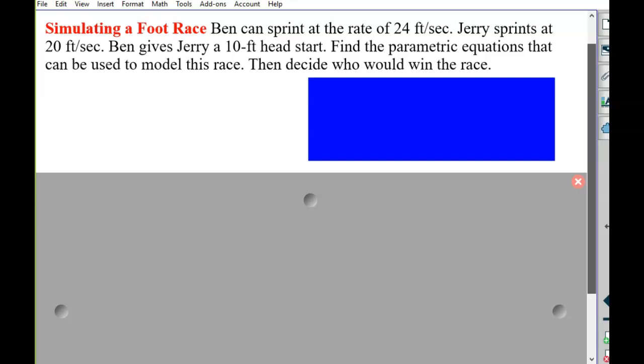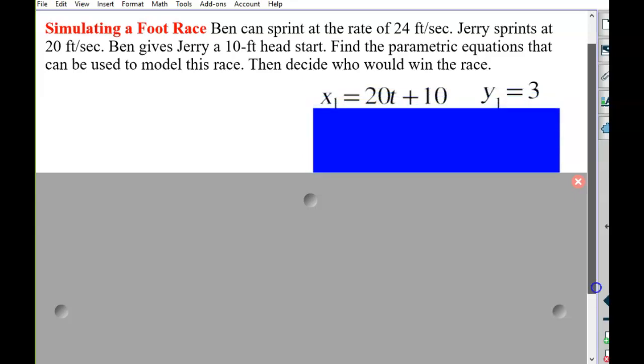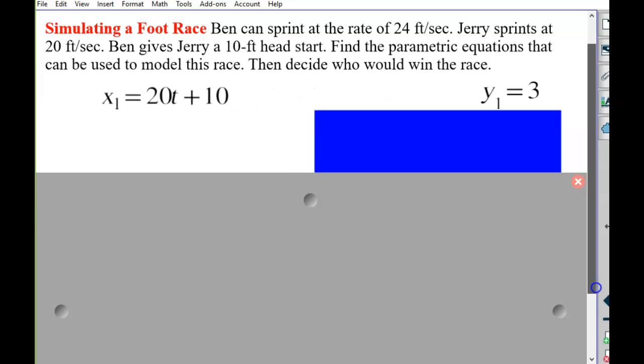So let's look at this. Parametrics involve an x and a y component. So one of them had a rate at 20 feet per second. That's Jerry.